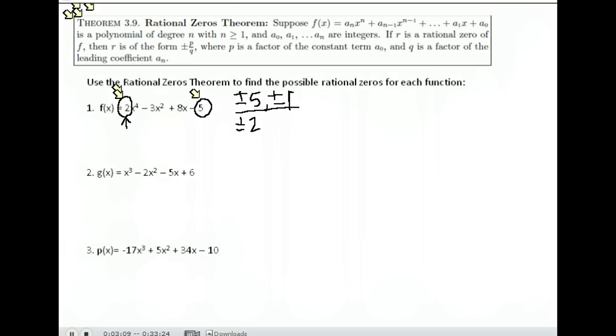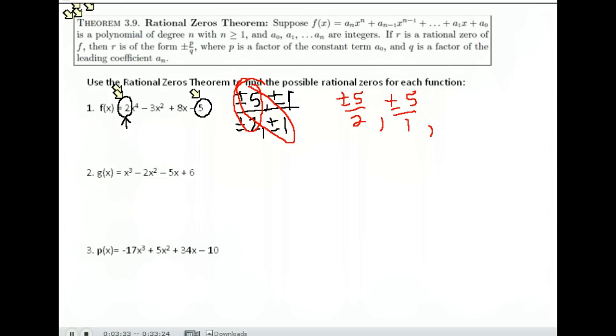Factors of 2 are just 1 and 2. And then we have to do each possible combination of these. So you just go one at a time. I would look at the first two: 5 over 2 is one of my possible zeros. And then I put 5 over 1, or 5.